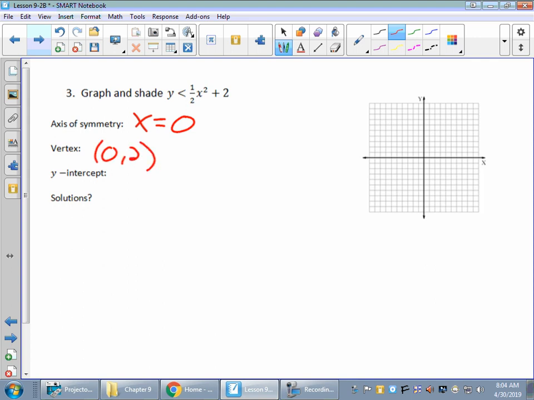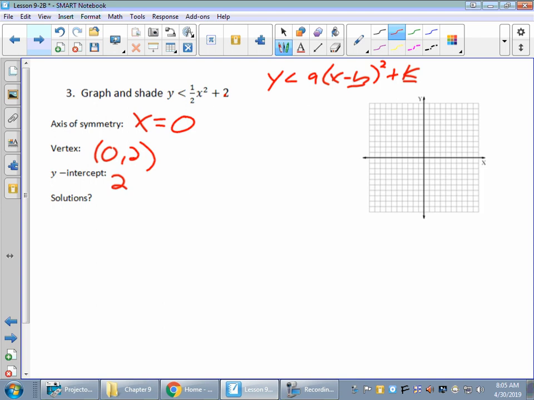If we put this in vertex form, we would look at a times x minus h squared plus k, and remember your vertex is always going to be h and k. Well, since there isn't an h here, that would be 0, and then your k value is the same as your c value too, so your vertex is 0, 2. So sometimes vertex form helps for that. Your y-intercept is also 2.